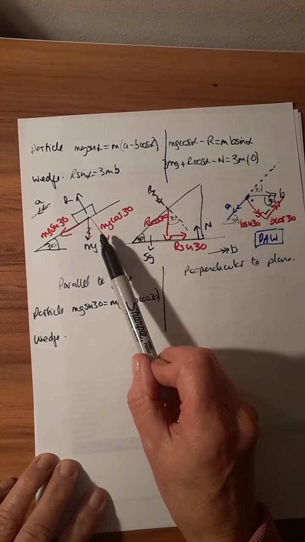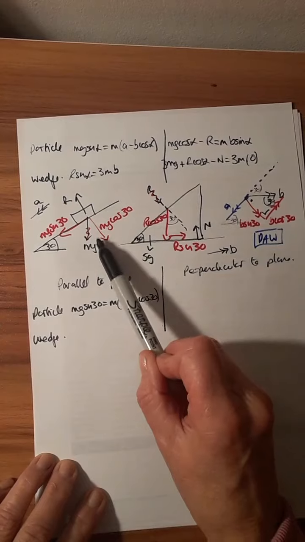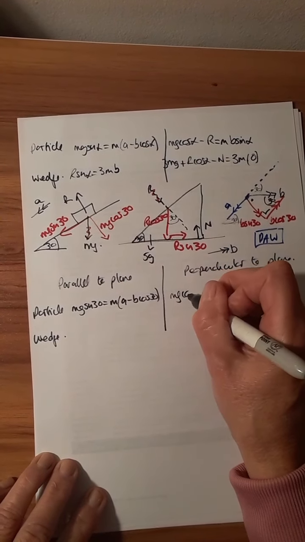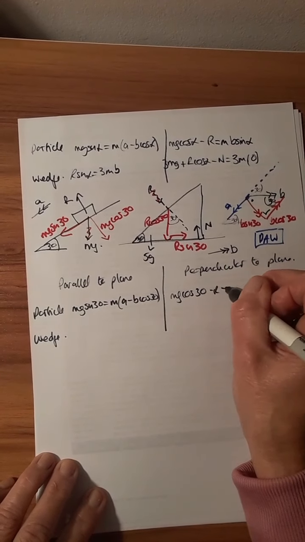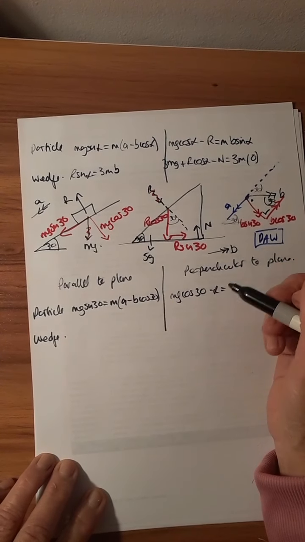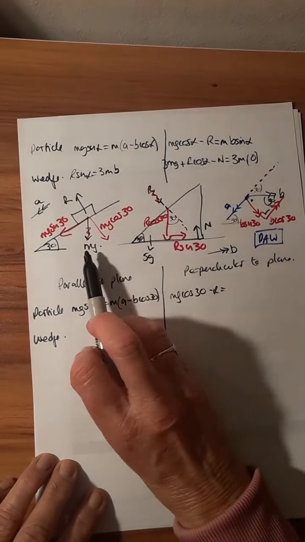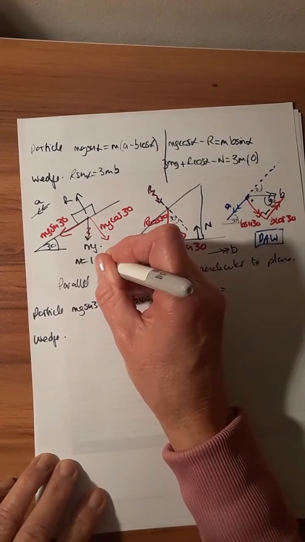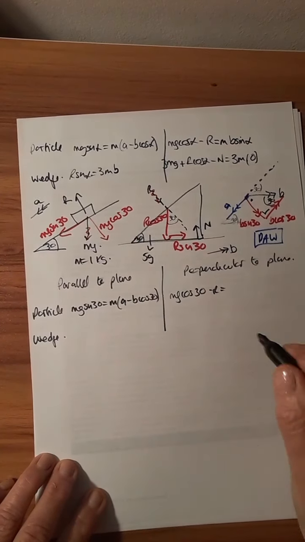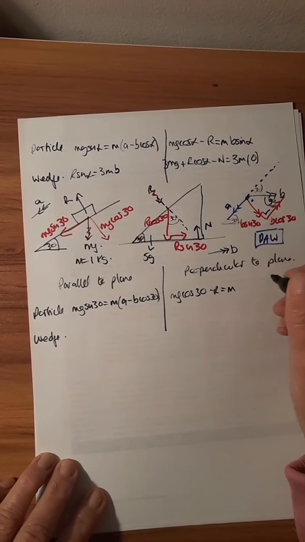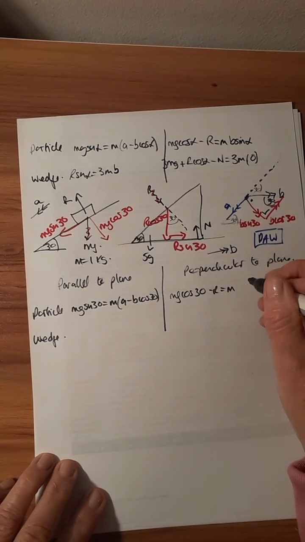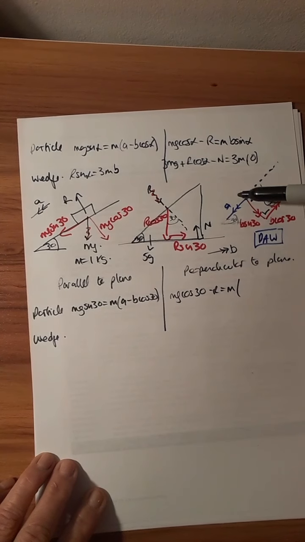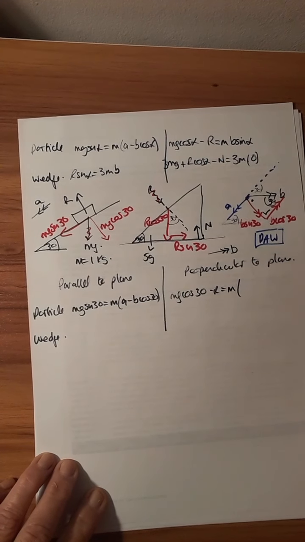There's 2 forces, one acting down and one up. So this becomes mg cos 30 minus r equals m, and in this case the m was 1 kilo, wasn't it? So I was told in the question the m was 1 kilo. I'll remember that when I'm continuing through the question. So this becomes m into, now there's only one perpendicular acceleration, and it's this one, which is the b sine 30.